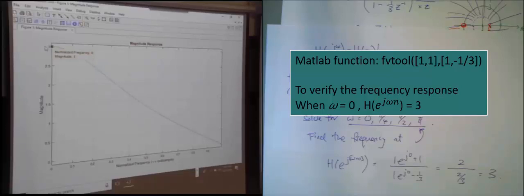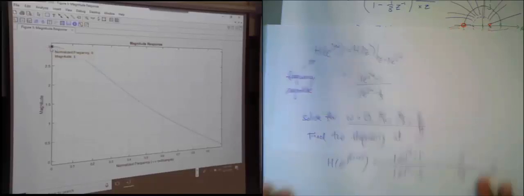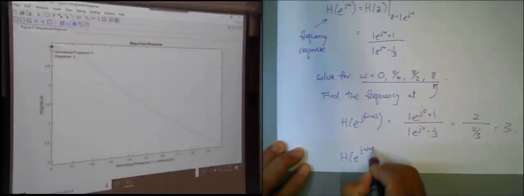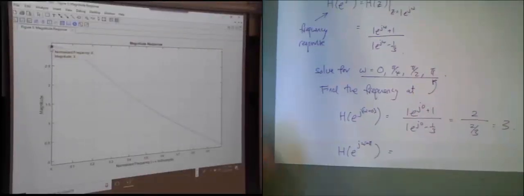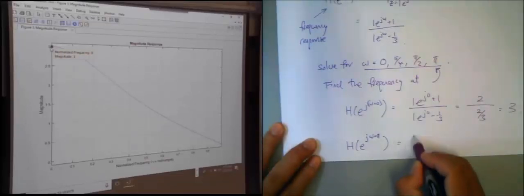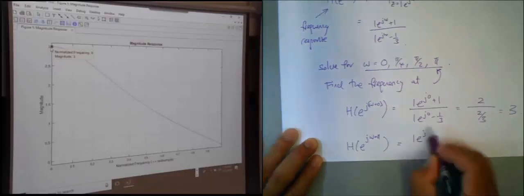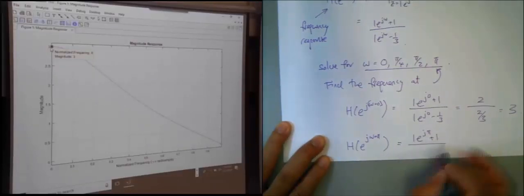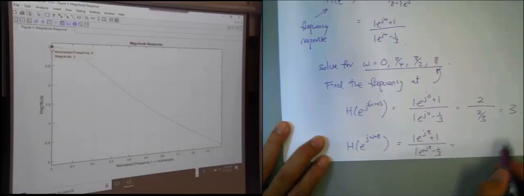What about analyzing H of e^jω at ω equals π? This is (e^jπ plus 1) over (e^jπ minus 1/3). What is e^jπ? It's minus 1, so minus 1 plus 1 divided by whatever number is below.